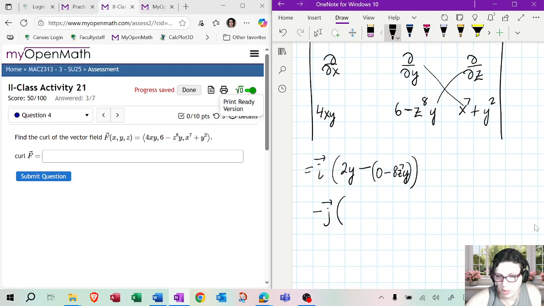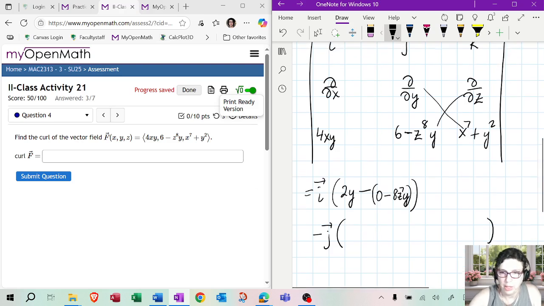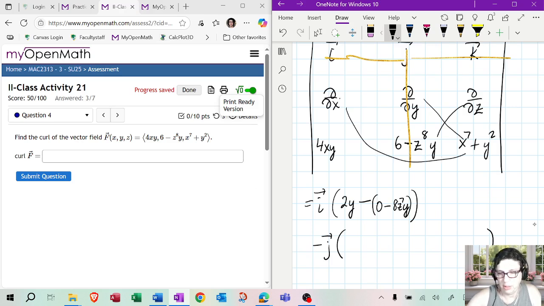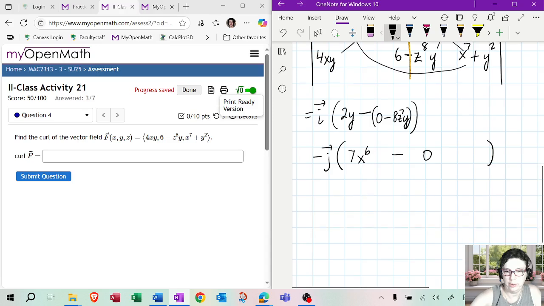Next one is the j. Okay, so for the j, we are crossing out here, here. Okay, so that means we're taking the derivative with respect to x of this again, so that's going to be 7x to the 6, plus y squared goes away, minus, now this guy with respect to z, oh, that doesn't have a z, so that's 0, okay.